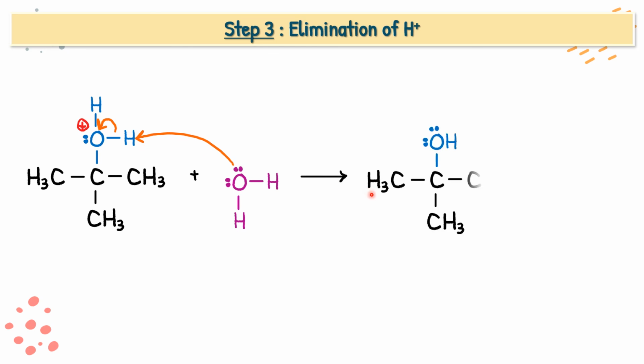So, to get our product, the oxygen here had one hydrogen removed and given to H2O, so it gets back its lone pair. So it is stable. This is our product alcohol. At the same time, we regain our hydronium ion, the catalyst that we used from the first step.